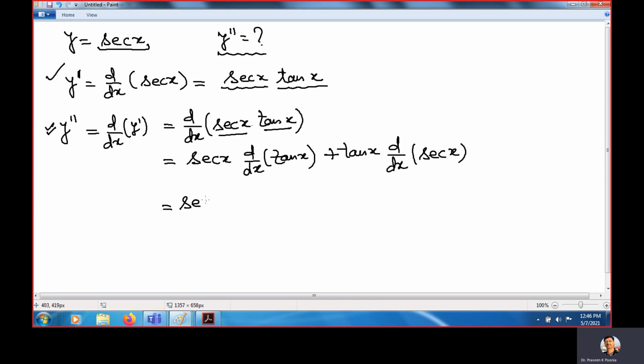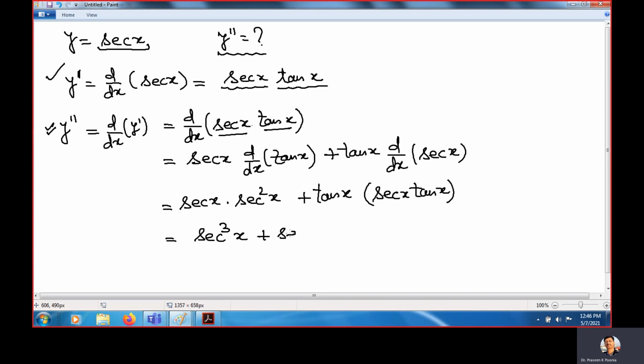Okay, so sec x times derivative of tan x, which is sec power 2x, plus tan x times derivative of sec x, which is sec x tan x. So the answer is sec power 3x plus sec x into tan power 2x.